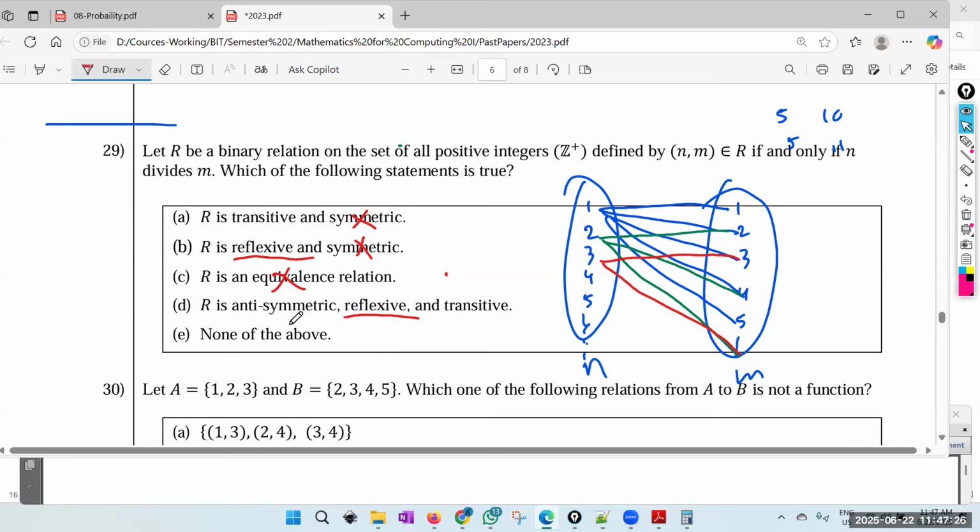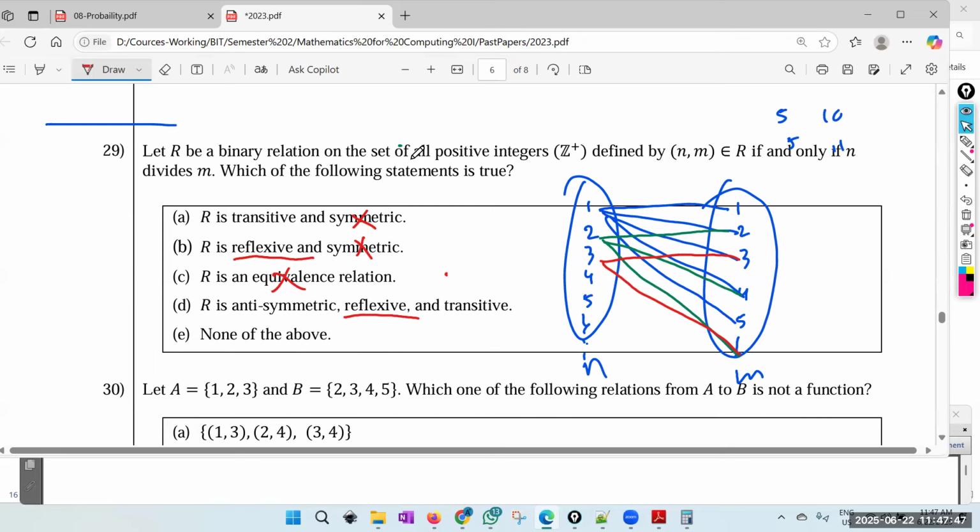Okay. So now I have eliminated 3 answers. Is it antisymmetric? If 2 divides 3, does 3 divide 2? No, right? Because one is bigger, the other one is smaller. If 5 divides 15, 15 doesn't divide 5.